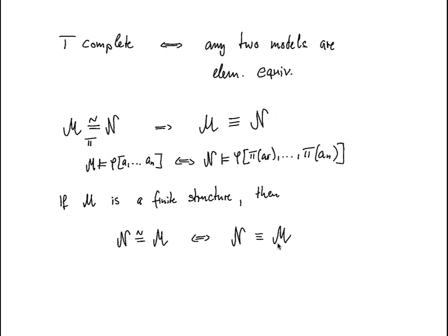In fact, if you remember, if we look at finite languages, we knew that there existed a single sentence sigma that captured the isomorphism property for M. So that said that N is isomorphic to M if and only if it satisfies that sentence sigma.